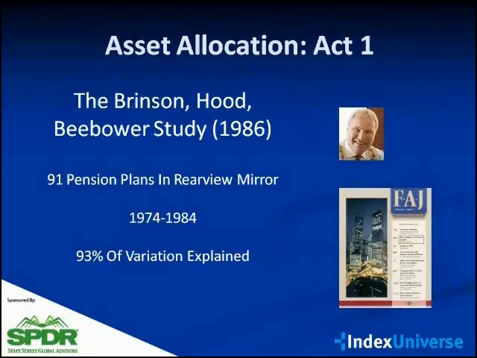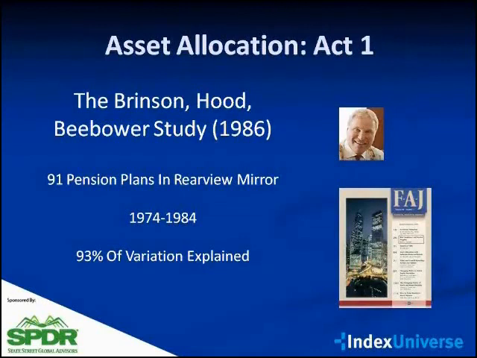In fact, let's start all the way back in the beginning. When we talk about asset allocation, the beginning is actually about 1986. In 1986, Gary Brinson and two colleagues wrote a paper called The Determinants of Portfolio Performance, which was published in the Financial Analysts Journal. The questions they looked at were really pretty simple.